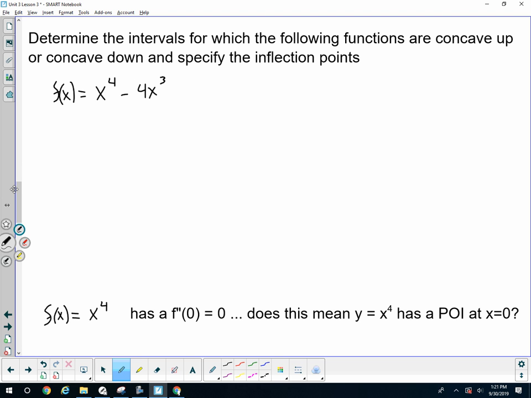We should all, and most of us are doing this, be thinking to ourselves, oh, it's just the same thing as what we did last class, sign analysis, but with our second derivative. We should be thinking, oh, I need to end up with something like this, which is what we did to analyze our signs, but instead of f prime, I'm going to analyze the signs of f double prime.